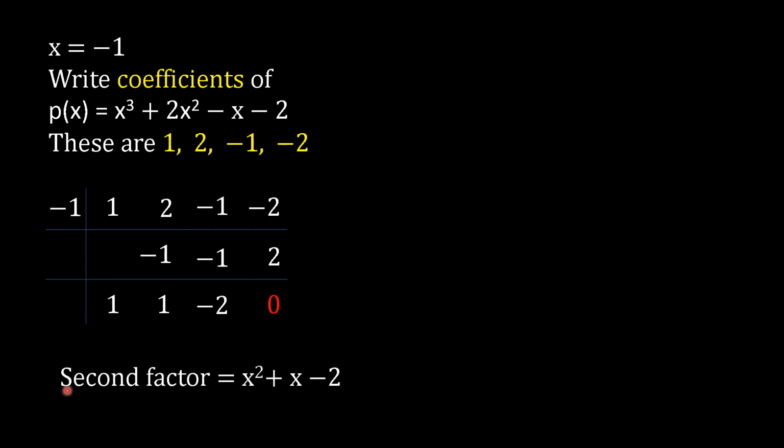So the second factor will be, for 1 we write x squared, for this one we write x, and for minus 2 we write minus 2, the constant term. Now this is a quadratic polynomial which we can easily factorize and write x minus 1 multiplied by x plus 2.